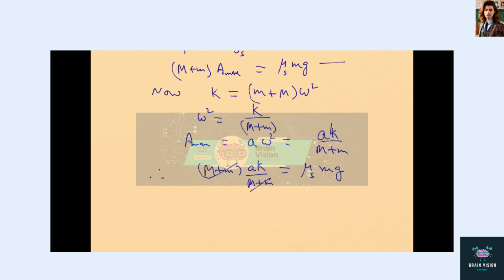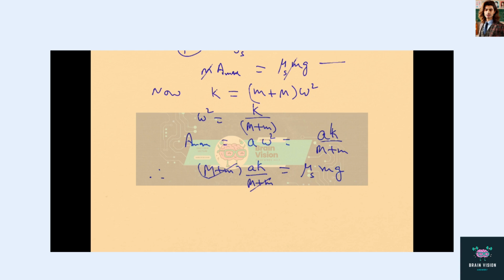No, sorry, I have made a mistake. This force should be on the small m only. So making this correction, this is small m only, and that will be cancelled. And omega square we already know. So A max is equal to A omega square, that is A k by M plus m.